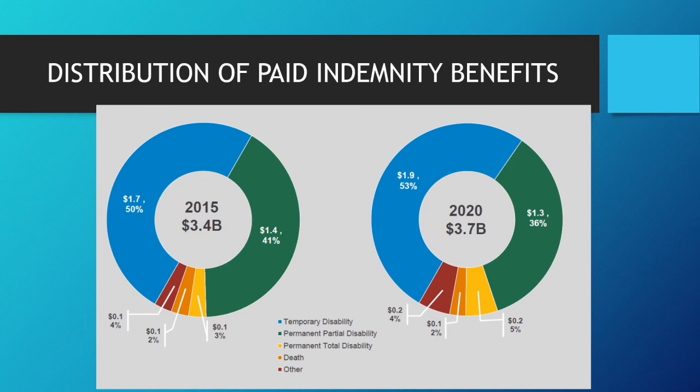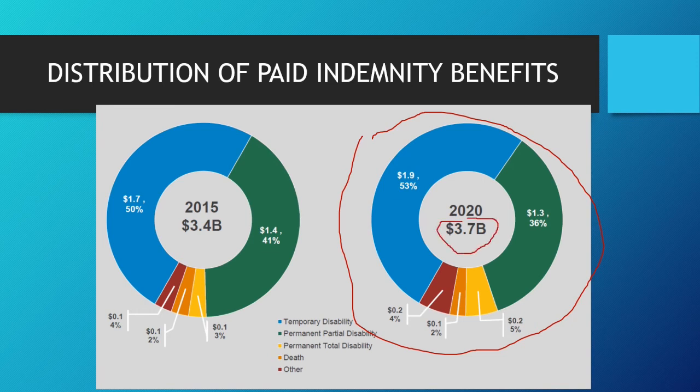Okay, so let's take a look at this in the form of a pie chart, and I want you to focus your attention on this particular pie chart, which represents the distribution of paid indemnity benefits in the injury year 2020, of which there was approximately $3.7 billion of indemnity benefits paid.